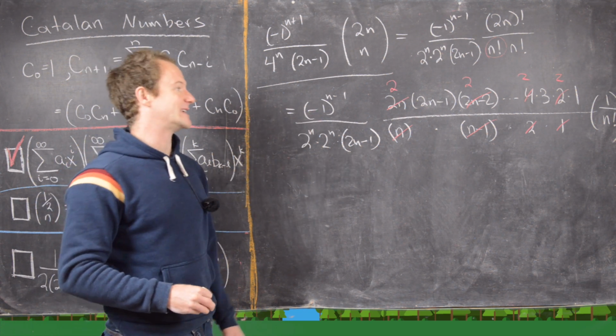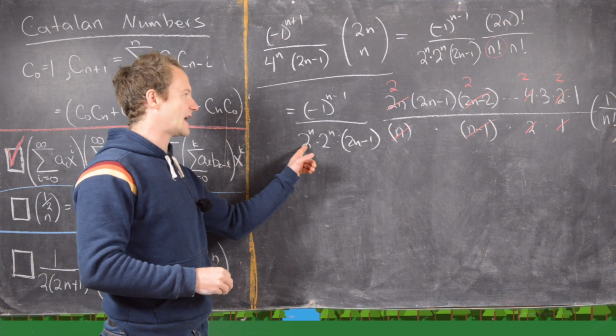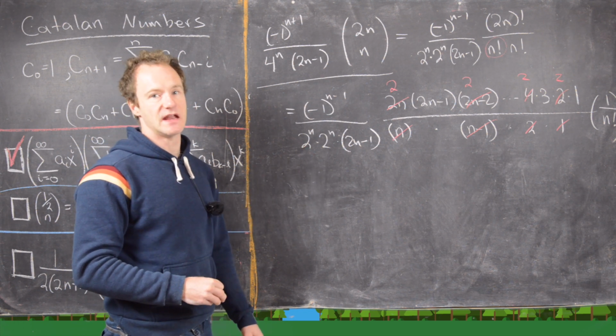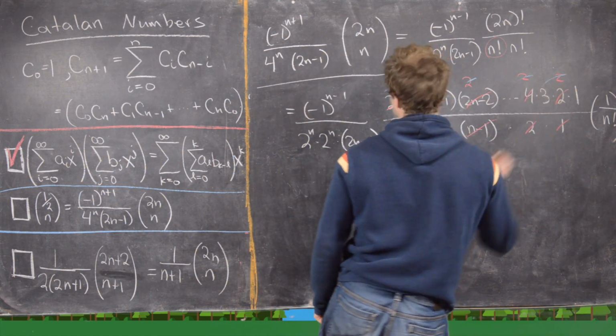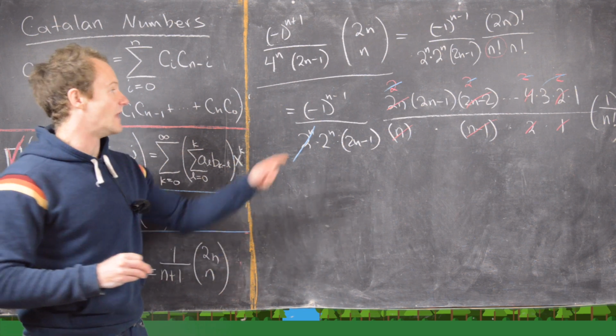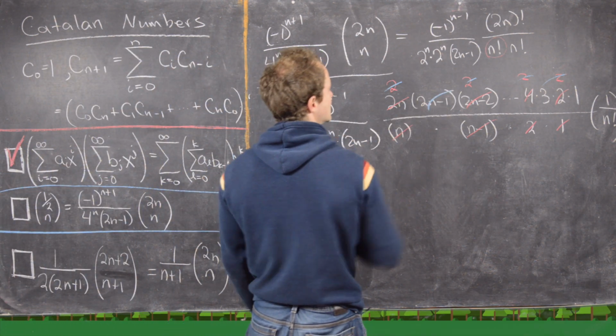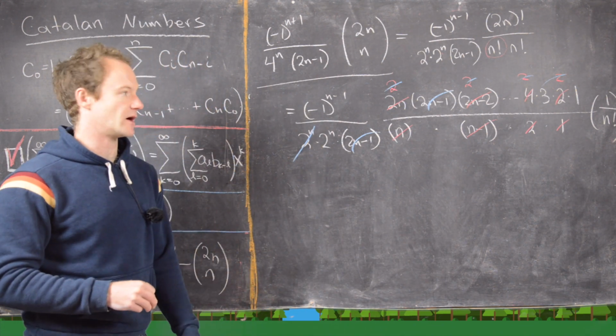Well, notice we'll have exactly n 2's on the top, and that's going to cancel this 2 to the n in the denominator. So all of these cancel this guy right here. Okay, good? And then also we have this 2 to the n minus 1, which is going to cancel this 2 to the n minus 1 as well.